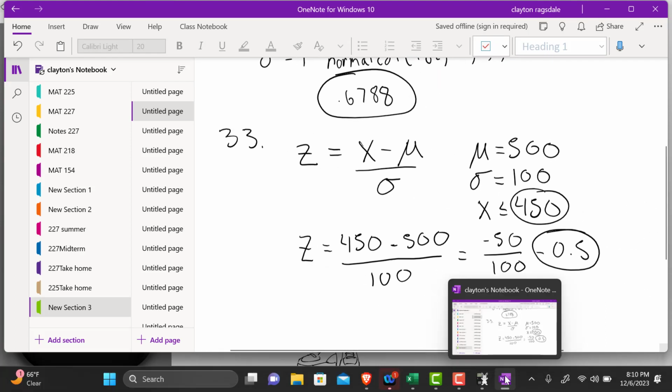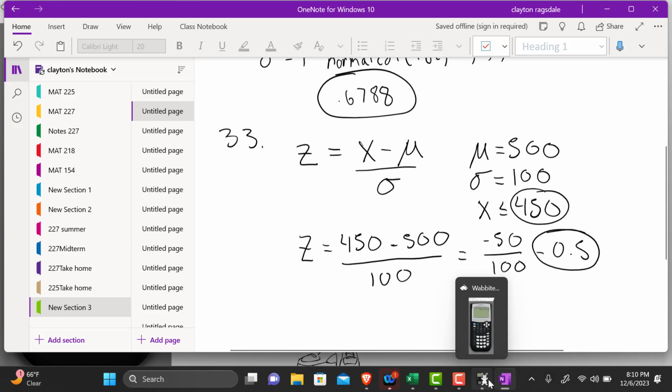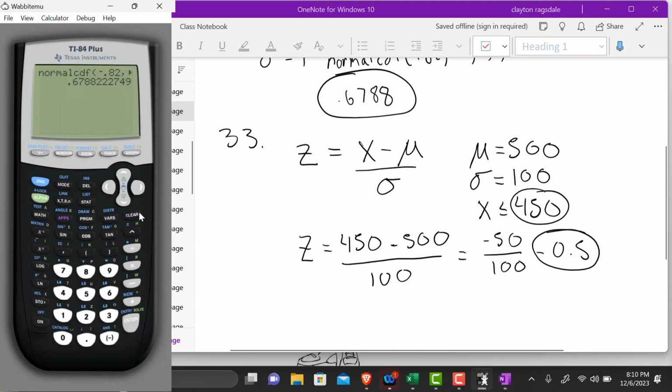It just wants the z-score by hand, but we can use our calculator to actually find the probability itself. So second vars, normal CDF, a lower bound is 0, upper bound is 450, our mean is 500, and our standard deviation is 100.